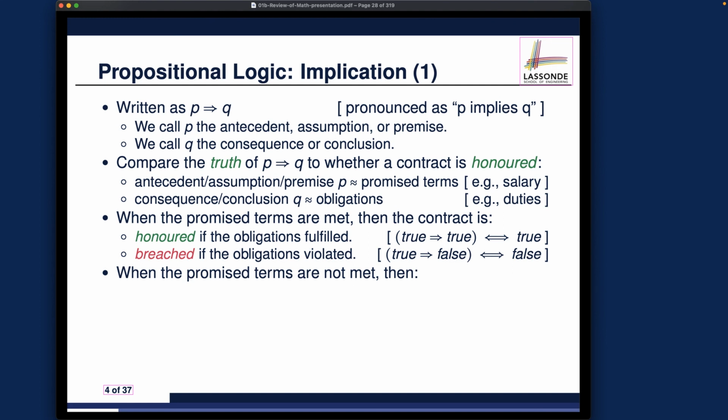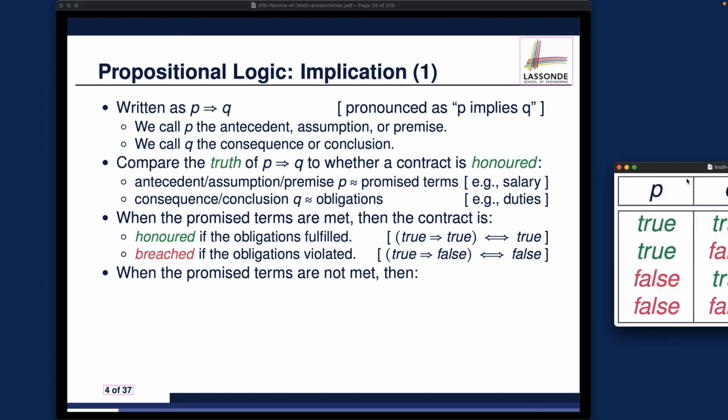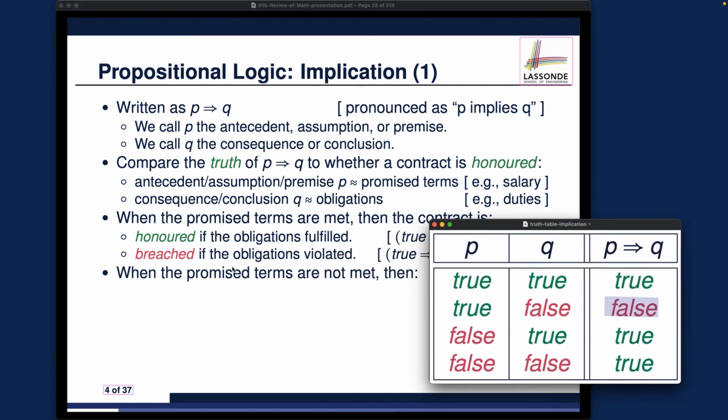Let's take a look. For the remaining two rows, we are talking about the promised terms actually not being met, meaning that your employer promised to pay you a certain salary, or they also promised to give you certain benefits, maybe health care, maybe dental care, or maybe eye care, and so on. Let's say they promised the terms, but the terms were not really met. You simply cannot get those benefits as promised.